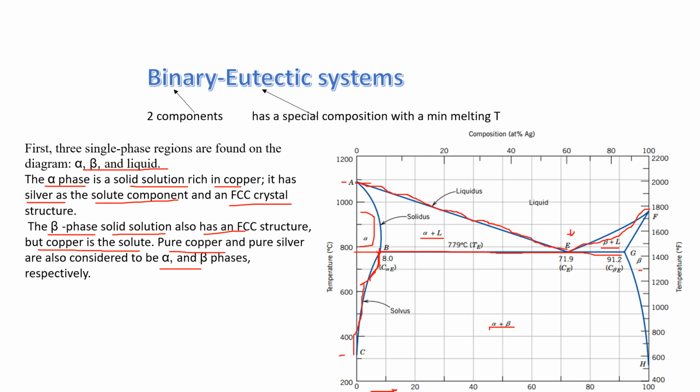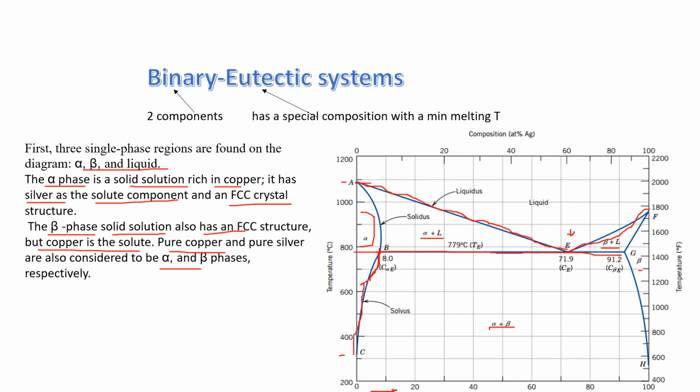A composition limit is reached where both reach the minimum melting point, which is the eutectic point. So the liquidus lines meet at point E on the phase diagram, through which also passes the horizontal isotherm line BAG.